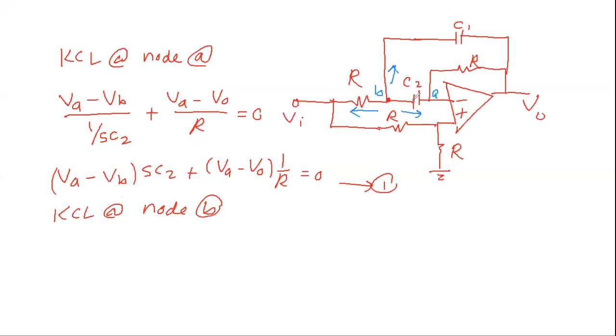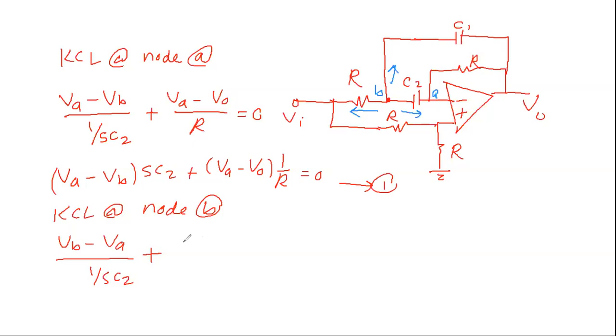Let's start with this one here. That's VB minus VA divided by 1 over SC2, so VB minus VA times SC2. This one is the same as the earlier one, but with B and A switched. What's the other current?